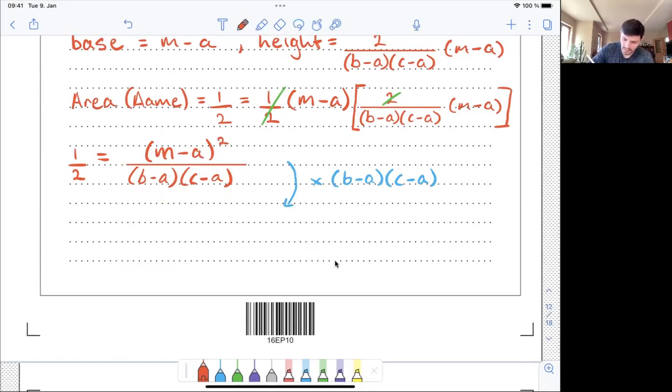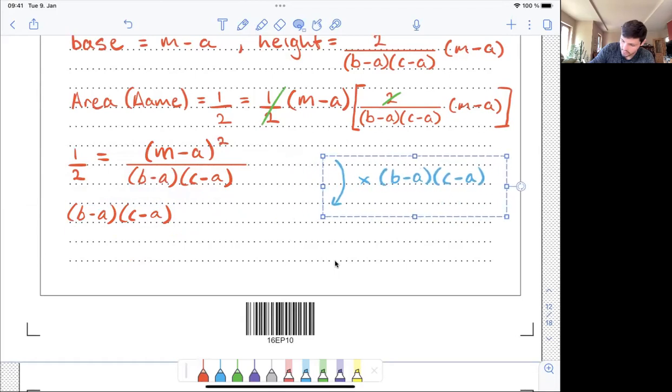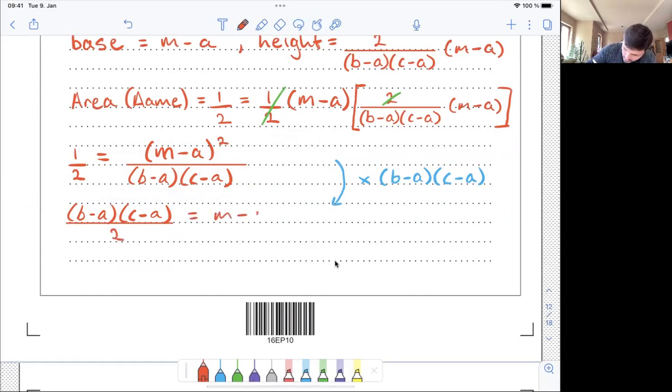So we're just going to get B minus A. In fact, I'm going to copy it. Let's bring this down here. B minus A over C minus A, and then that's going to be over 2, is equal to M minus A squared over 2, equal to M minus A squared.